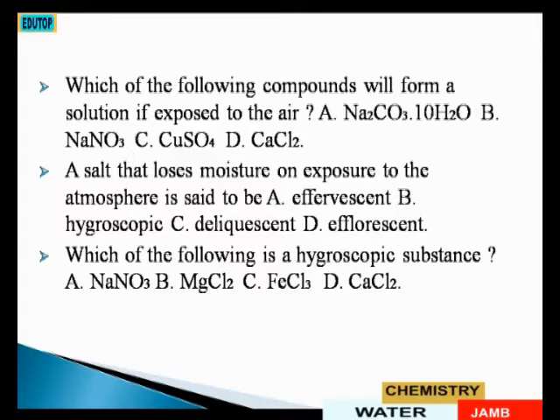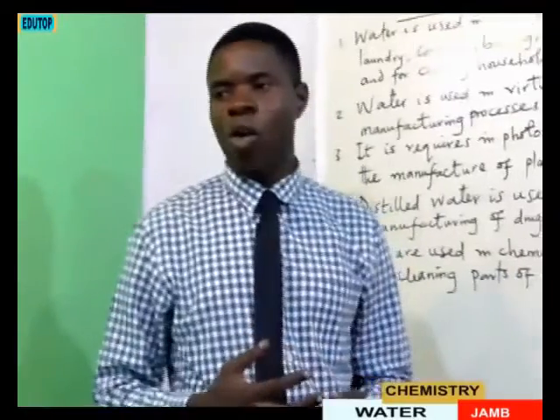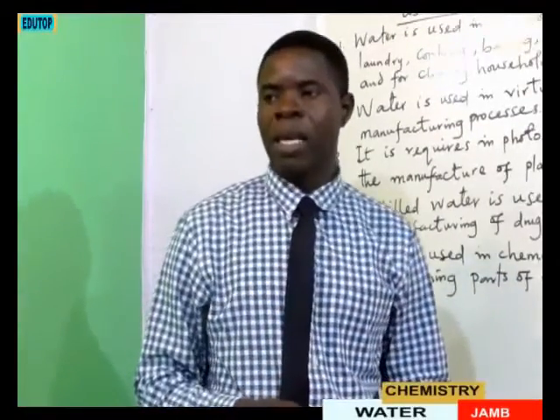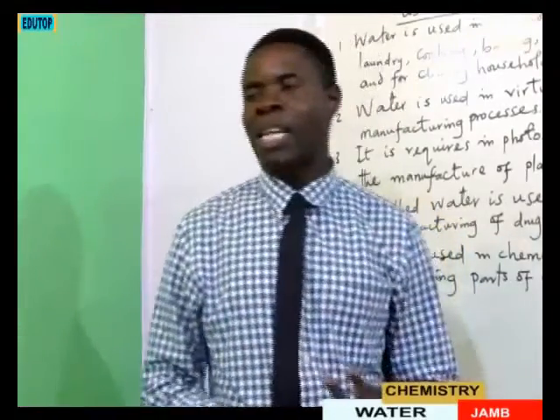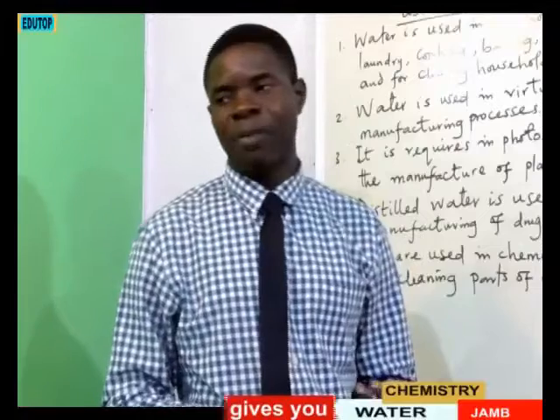Number 5, which of the following is a hygroscopic substance? One thing you must know about hygroscopic substance is that it absorbs moisture and does not turn into solution. So I gave you the examples of those substances that undergo hygroscopy, and they are what? Calcium oxide, copper oxide, and sodium nitrate.